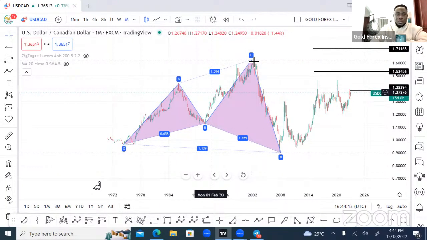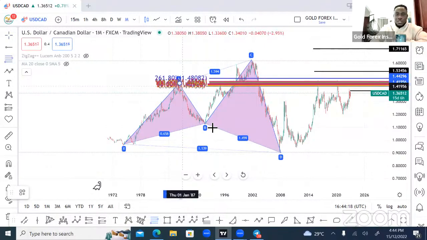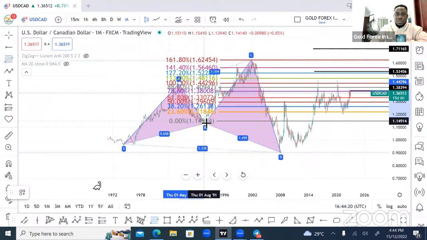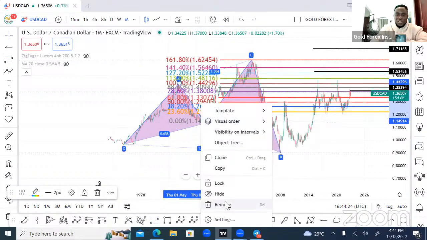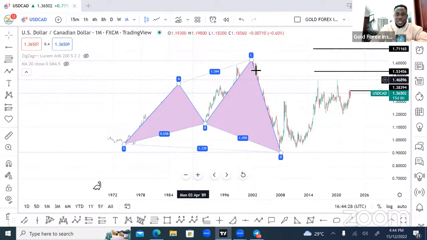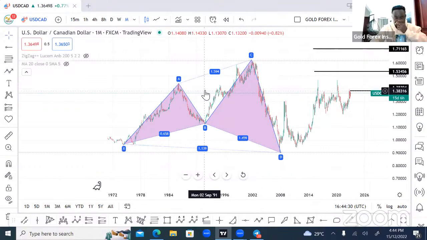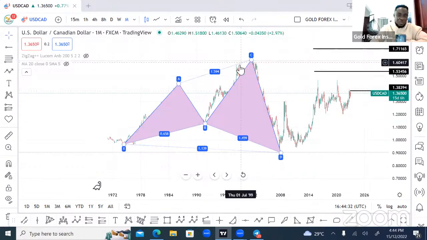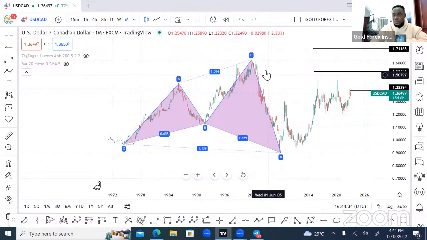Let's look at the AB of this. It's around the 161. That means for a shark pattern formation, the C extends the A, or is longer than the A, which the SMC people call the liquidity grab or something.